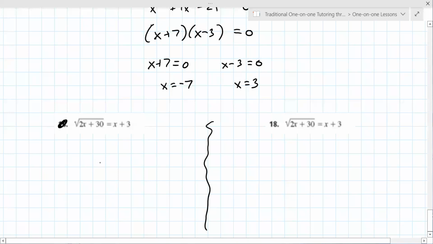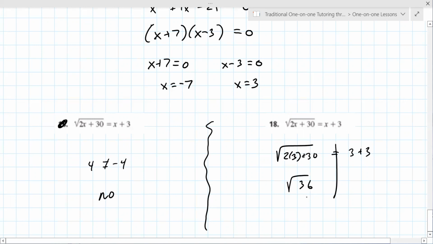It does not work, right? You get 4 does not equal -4. And you'll find that the 3 does work. 2 times 3 plus 30. Does that equal 3 plus 3? Square root of 36. So that one does work.